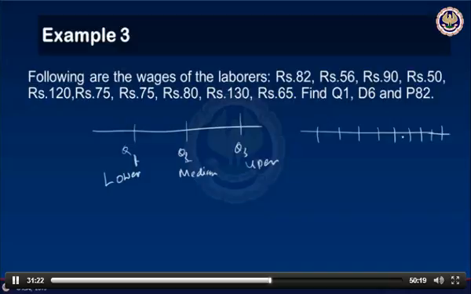There are 9 deciles, that is 9 points, decided to divide the data into 10 parts: D1, D2, D3, D4, D5, D6, D7, D8 and D9. Accordingly, the data is divided.